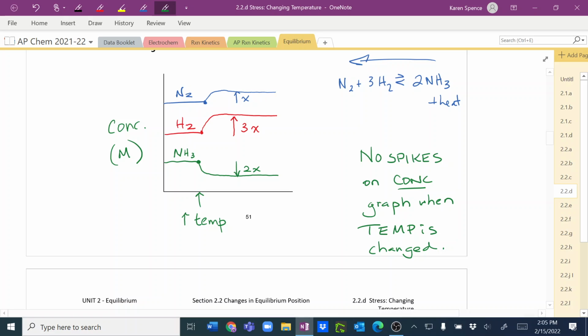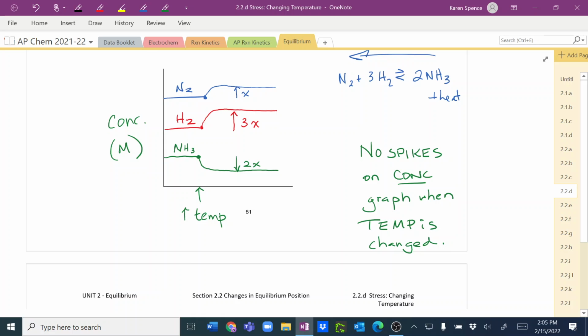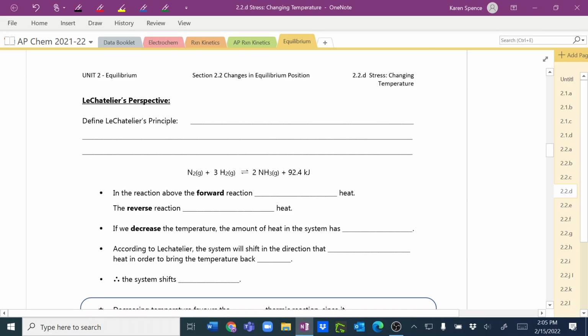Are we ready to scroll? Okay. So, I know I had you do it last day. I'm having you do it again. To your partner, define Le Chatelier's principle.